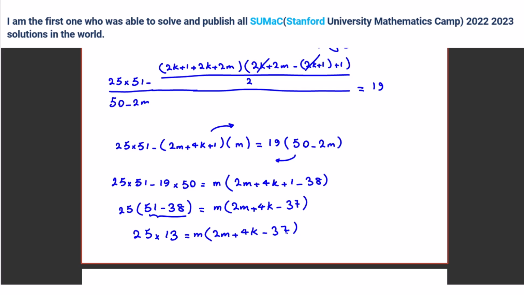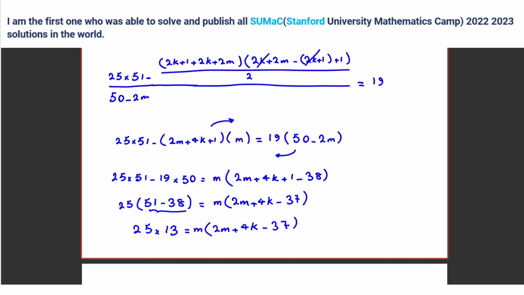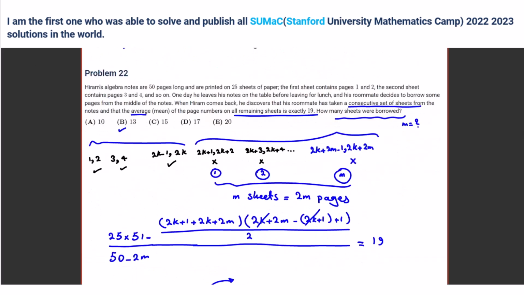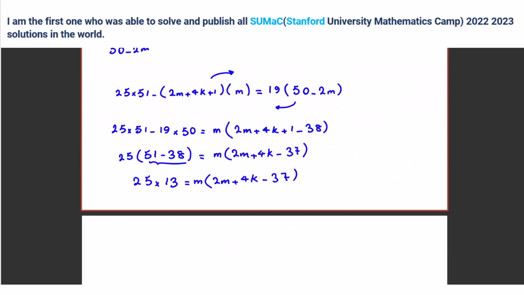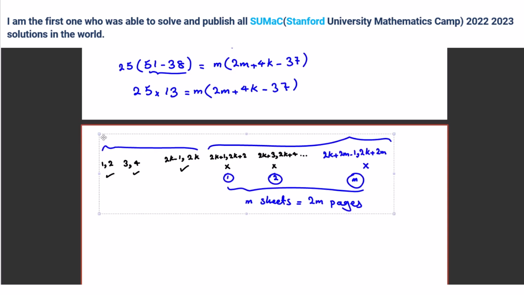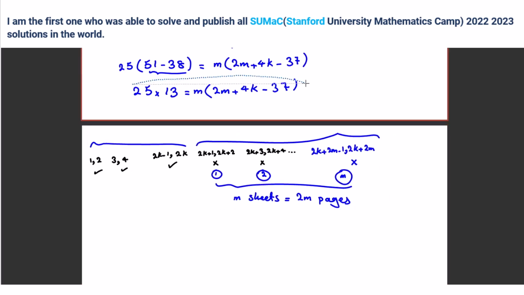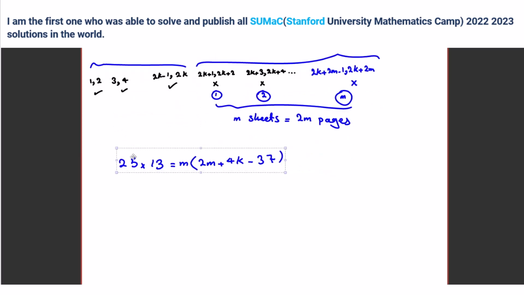So let's see. Let's consider this part that we said we have m pages, 2m pages, and what happened for this part. And let's consider this side. Okay.